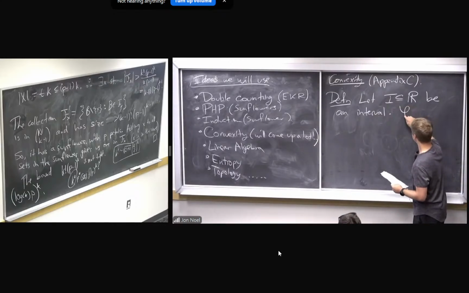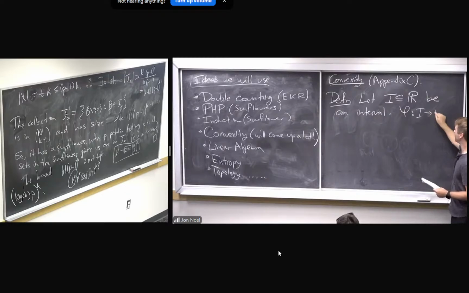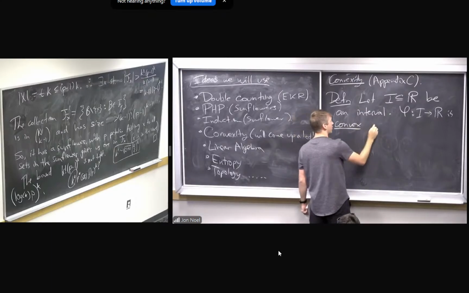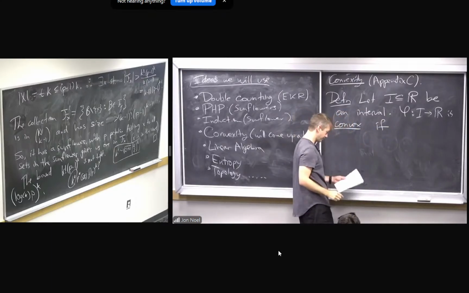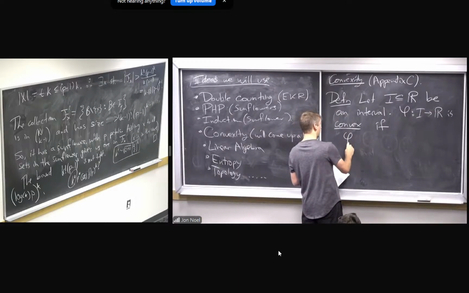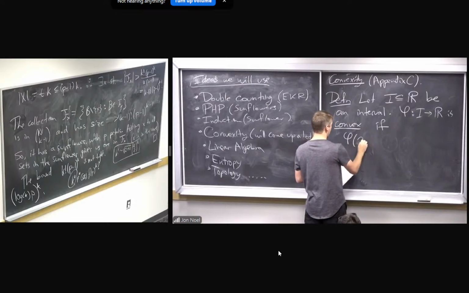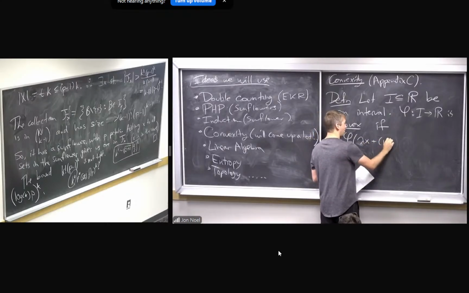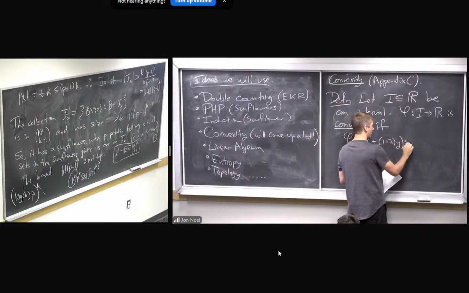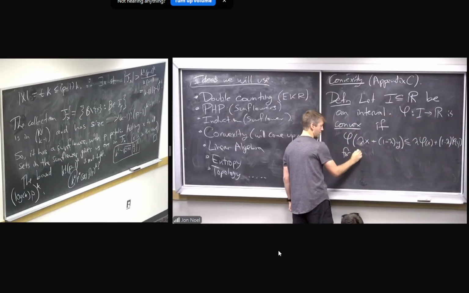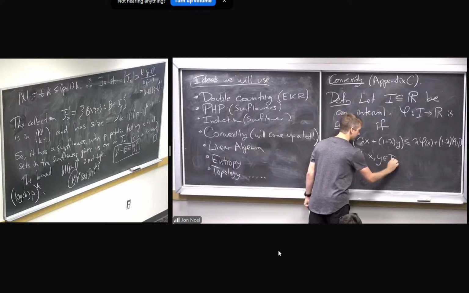A function, let's say phi from I to the reals, is said to be convex if I take lambda times x plus 1 minus lambda times y, it's at most lambda times phi of x plus 1 minus lambda times phi of y for all x, y in the interval.